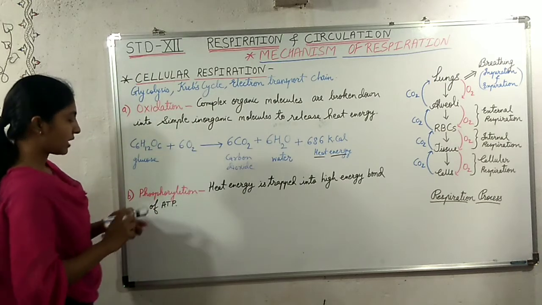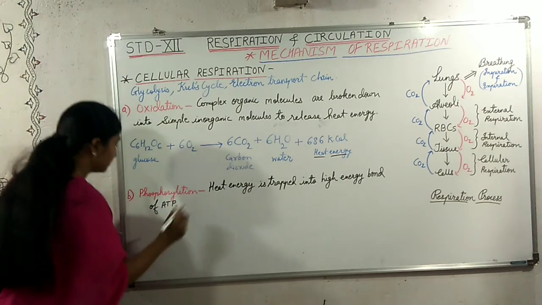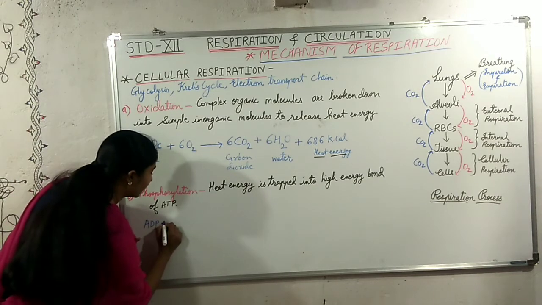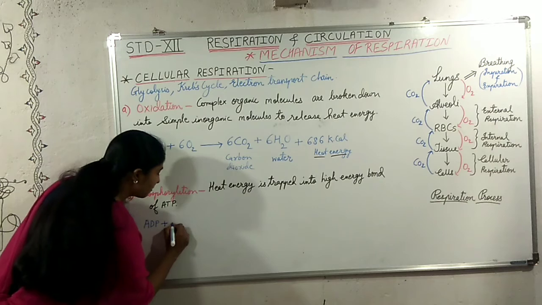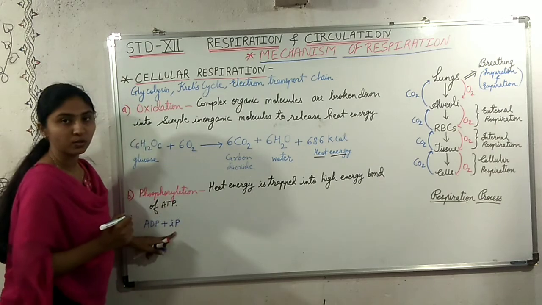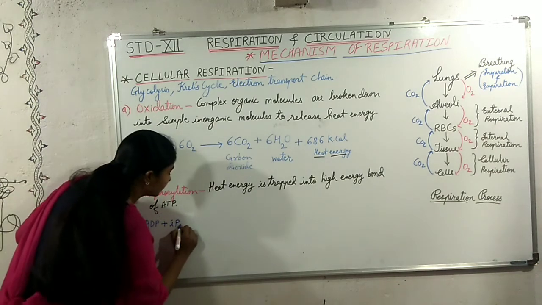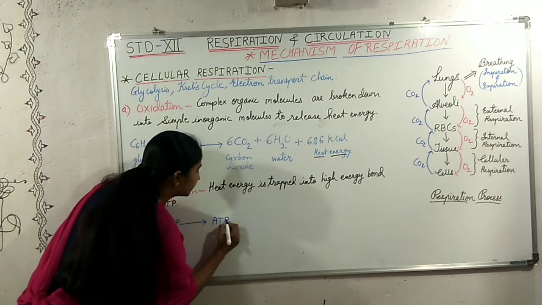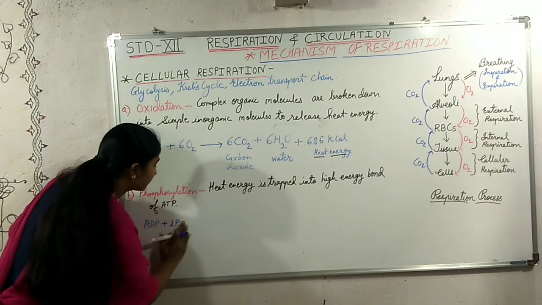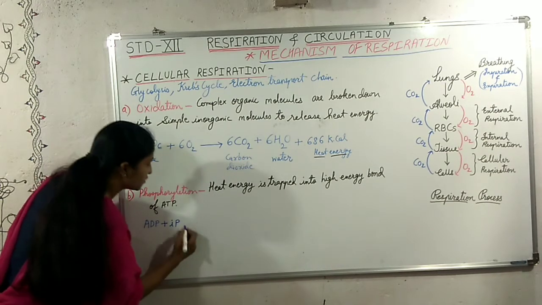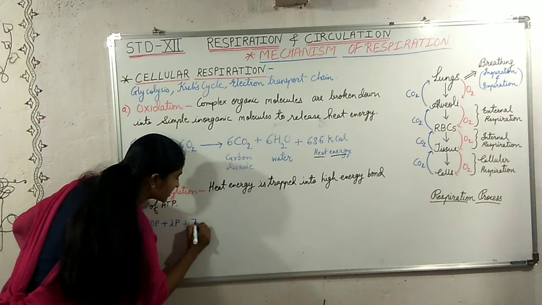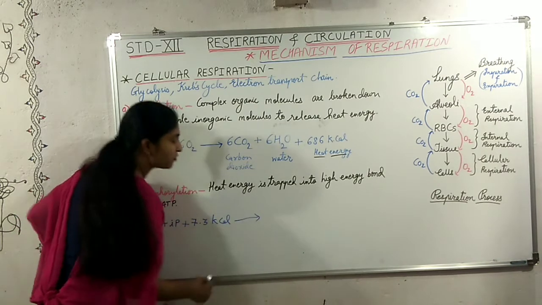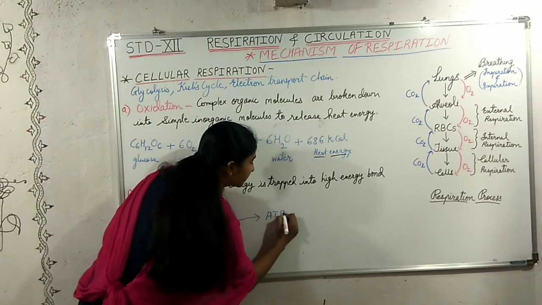So here the ADP combines with inorganic phosphate in the presence of 7.3 kilocalories of energy to give ATP molecules.